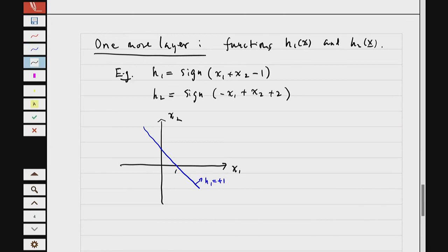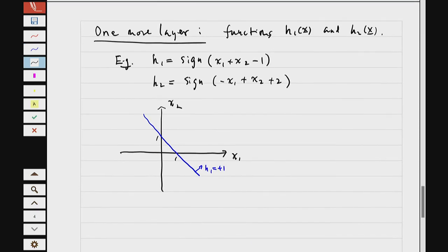So the intercept is just 1. That's our first line, H1. And then what is H2? It's minus X1 plus X2. So it's a diagonal line with intercept of 2. So it looks like this.